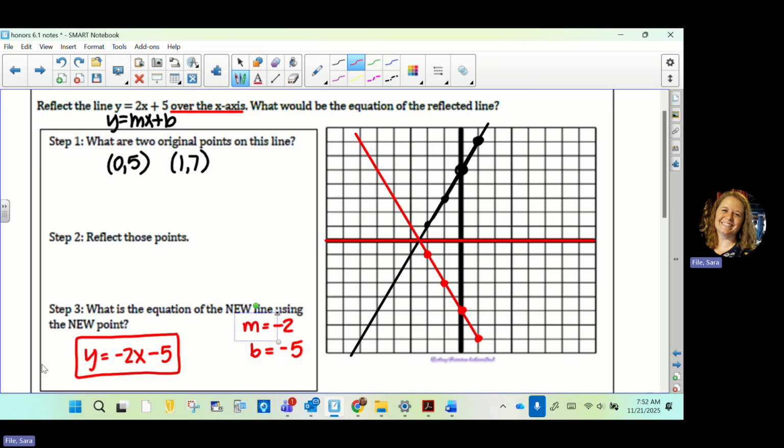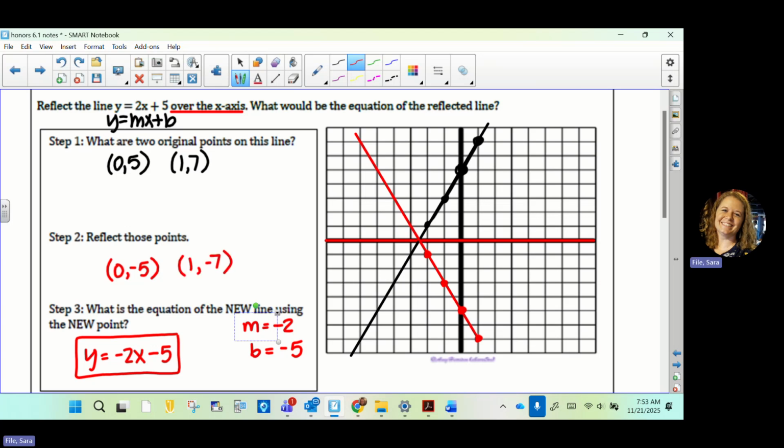Now, if you didn't see the y-intercept when you redrew it, you could use the 2 points that you reflected here, because remember that we would apply the rule. So the rule using those 2 original points I wrote says that x stays the same, y changes sign.